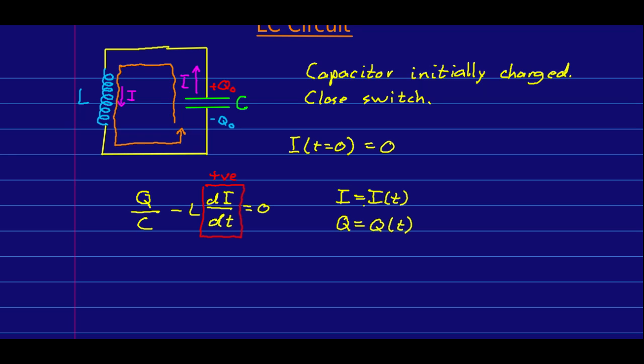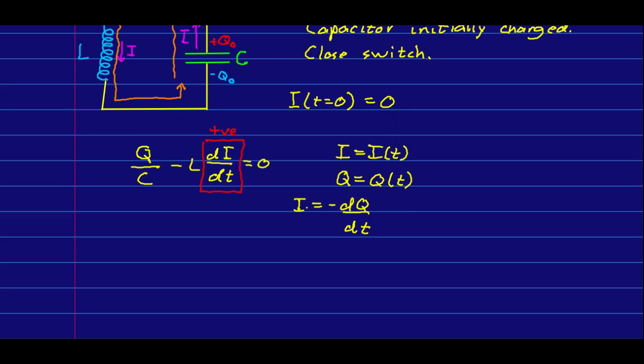And in particular, the current is telling us about the rate at which the charge on the plates is decreasing, or in other words, the current is negative dq by dt. With that realization, we can rewrite our loop law all in terms of q, because di by dt must therefore be the negative second derivative of the charge.